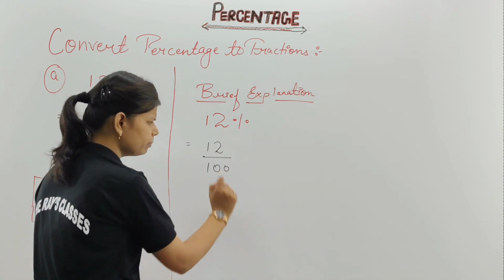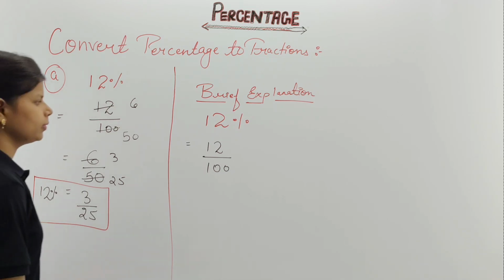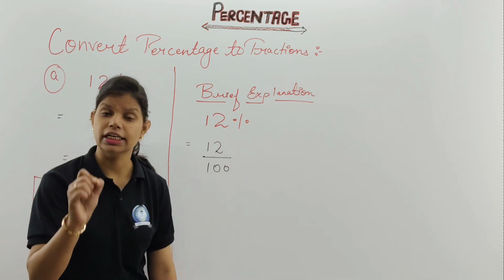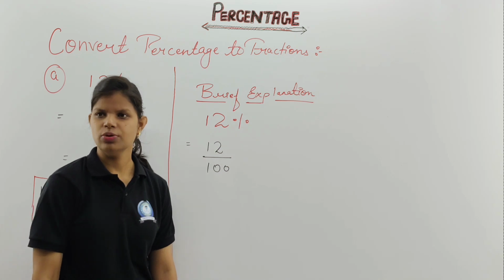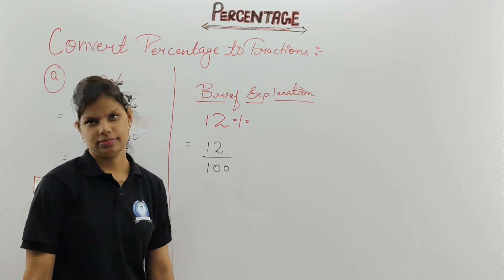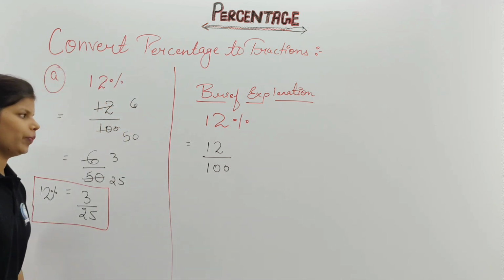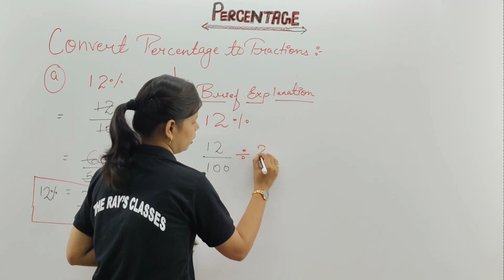Now can you think of any number by which you are going to multiply or divide? Can you guess a number which will cut 12 as well as 100? You have to divide this with 2.